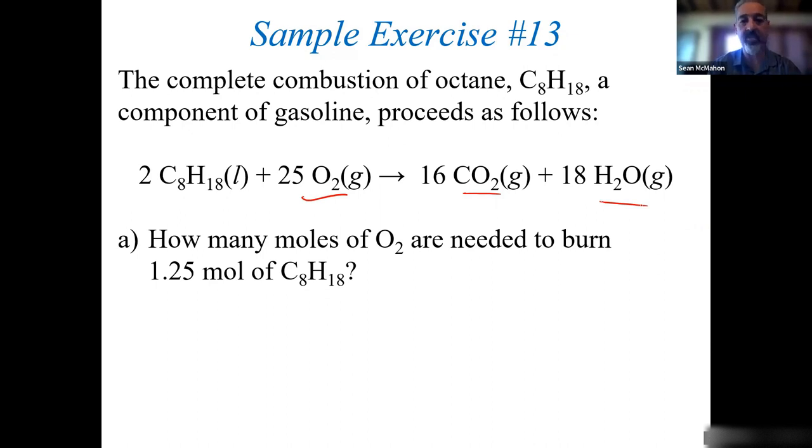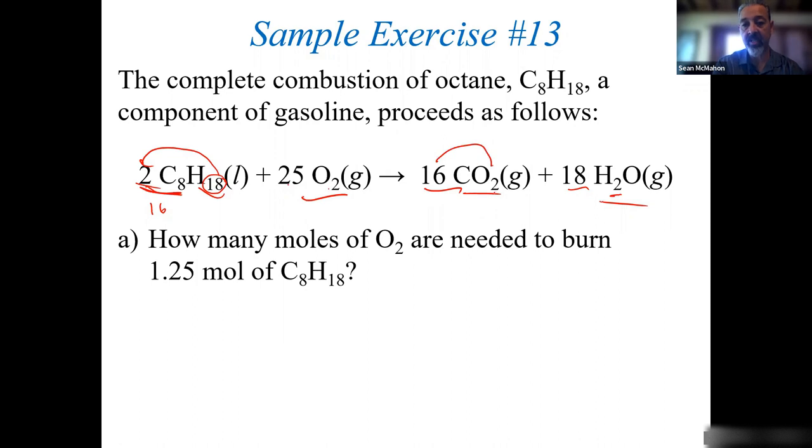Is this balanced? Well, let's see. We have 8 carbon here times 2, that's 16. We have 16 here. We have 18 hydrogen times the 2, so 18 times 2 is 36. And then we go to the oxygen. 25 times 2 is 50.